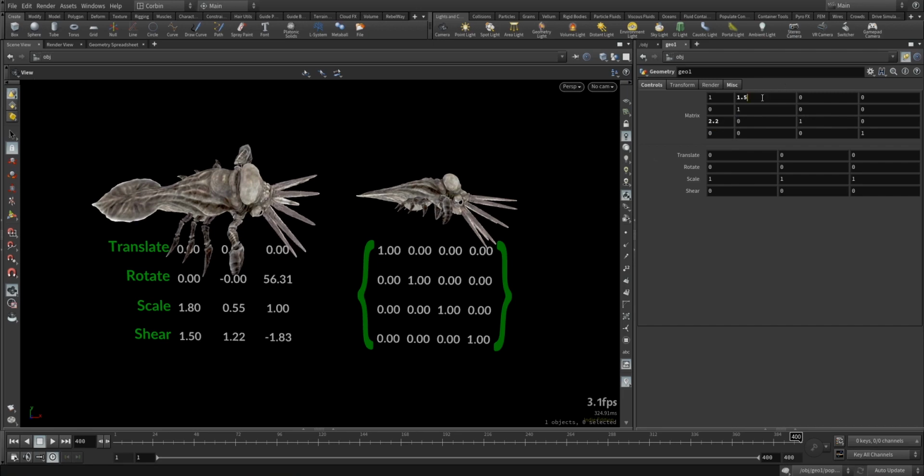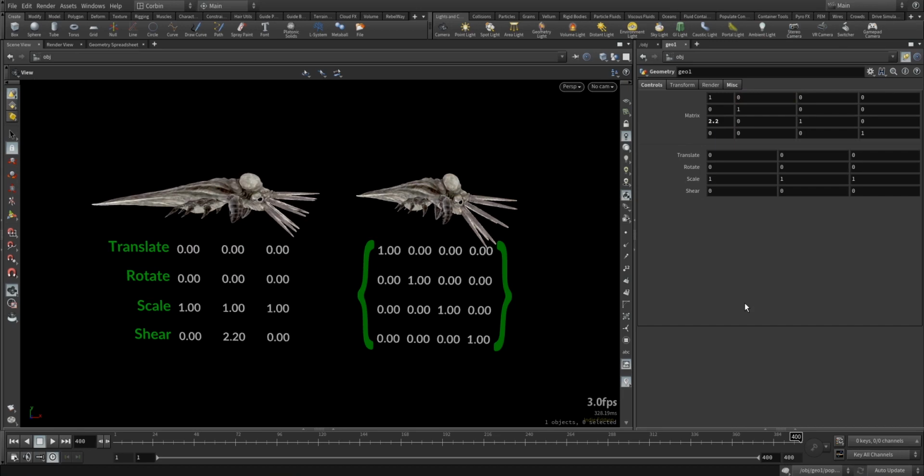Because it's not like this number relates directly to just shear on the x, because then this 2.2 would be somewhere. And if we took this back down to 0, then you'll see that there is a 2.2 here. So if we only scale on one axis at a time, then yes, there seems to be a corresponding number.